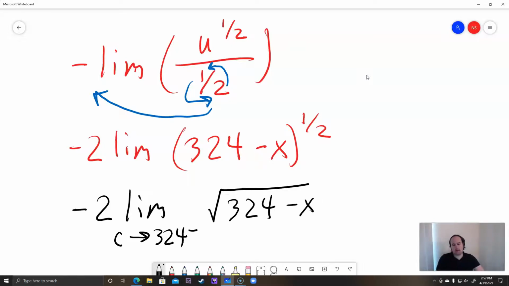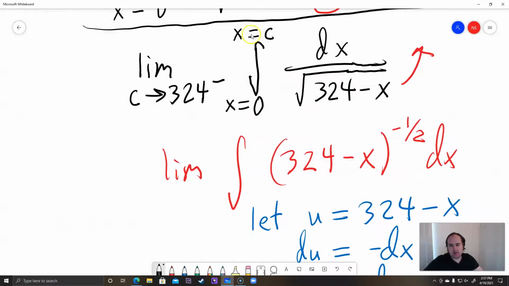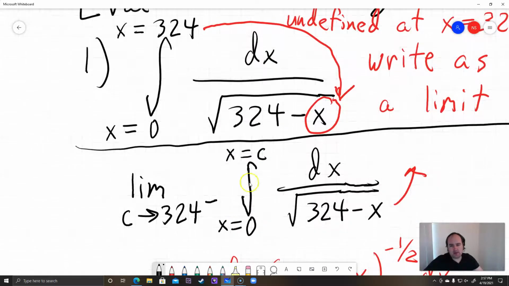Okay, and then don't forget this whole thing, even though we have a limit built in, it's actually a definite integral. So now that I'm at the end, I'm going to go ahead and plug in these values we had for the definite integral. And we're going to want to plug in the values after we got the limit written out, because at this original value of 324, the original function was undefined, so what was inside of the integrand was undefined.